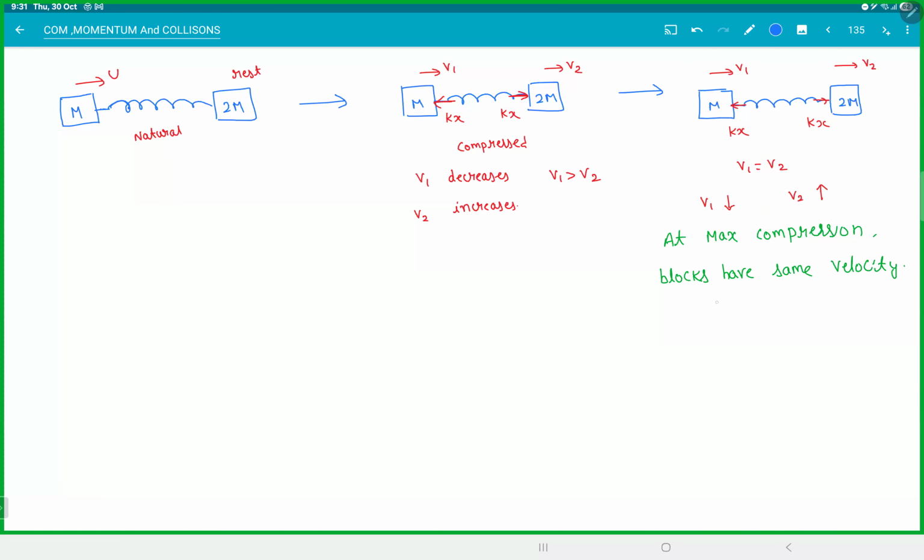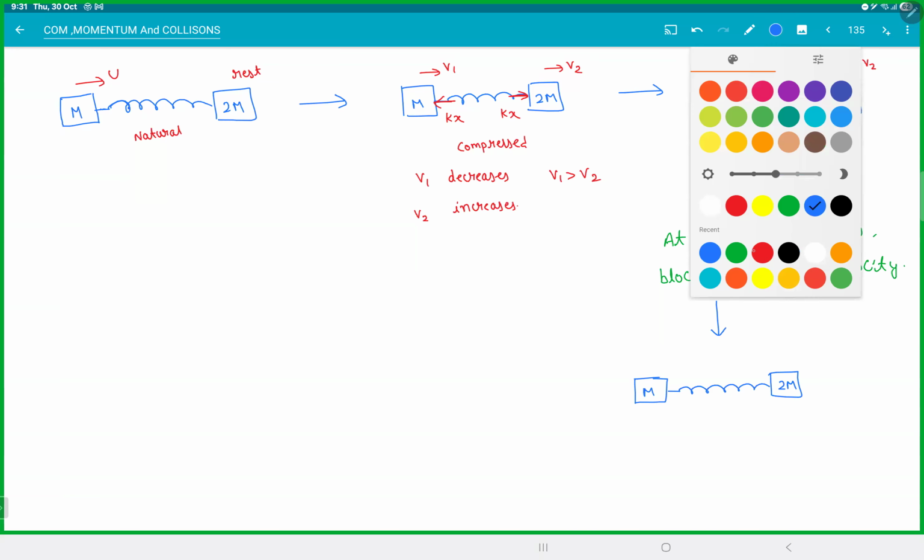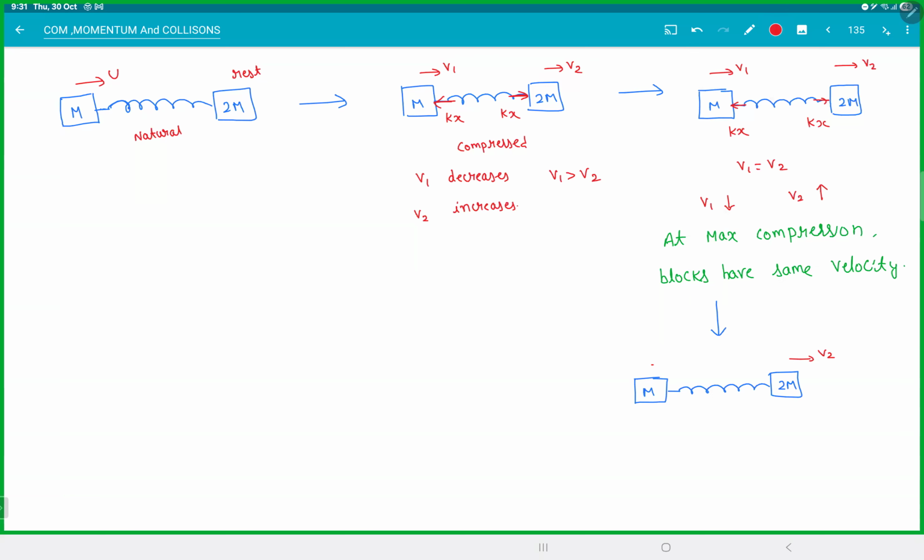Then what will happen next moment? Remember, V2 is still increasing. The spring is still compressed. So if you look at the spring here, it is compressed, but it is opening up. Because 2m is going faster, the spring will start opening up. That means here V2 has become greater than V1, right?